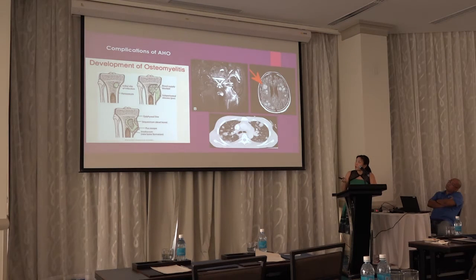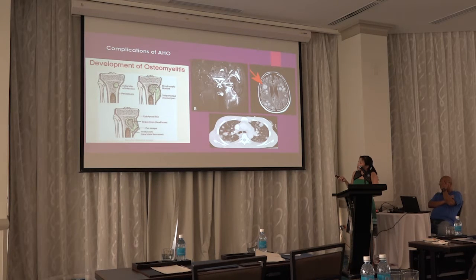Moving on, there are complications of AHO. Again, this is the image that I showed where they set up shop. They have subperiosteal abscesses, and this is more of a chronic form, the dead bone, and then the formation of new bone. And all of those would have to go away. I'll discuss that later. The other complication you have is myositis, and that is inflammation of the muscles surrounding the initial site of infection.